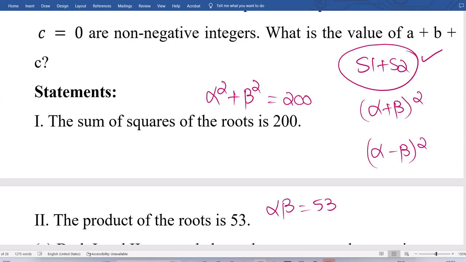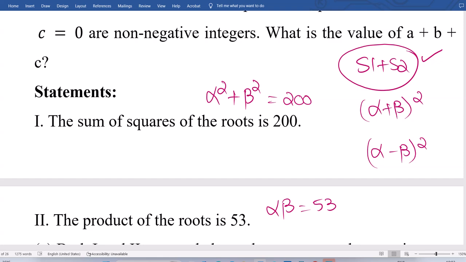See, they don't want the a plus b plus c value. You don't need to find it; you only tell them which data is required to calculate it. Yes, I can use these two statements put together. I can find the roots alpha and beta, then x minus alpha into x minus beta will give a quadratic equation. With that, I can calculate what A, B and C are, so A plus B plus C can be obtained.